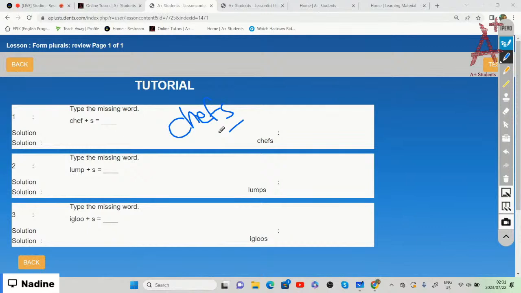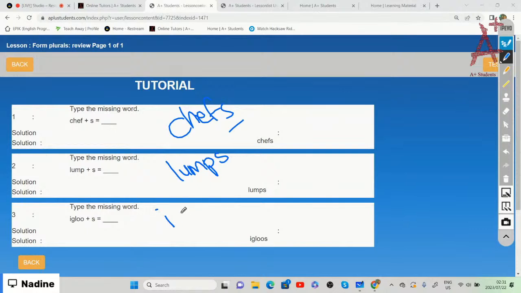Lamp plus S. So lamp plus S is lamps, right? One lamp, two or more lamps. Same here, igloos.